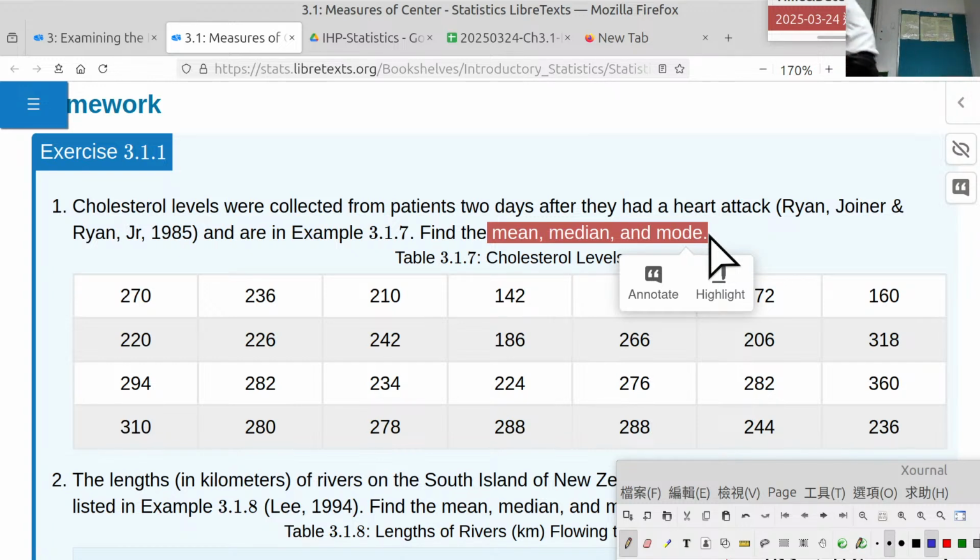Sure. In the future, I will share some websites. Just one click, you can find all information you need: the mean, median, mode, the number, standard deviation, and the quartiles, 25% and 75%. Everything you can find, but not now.